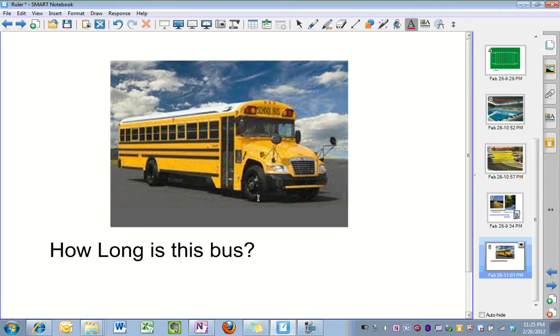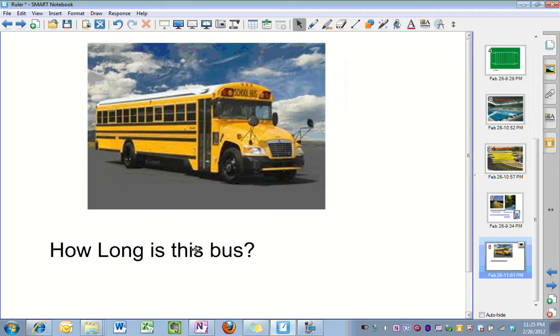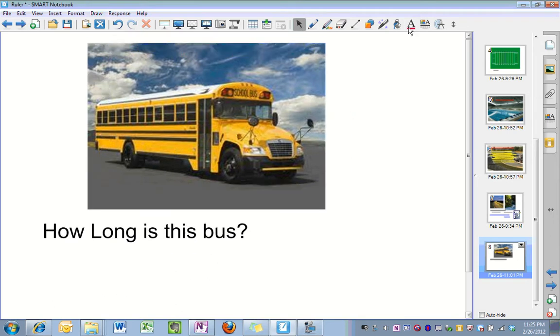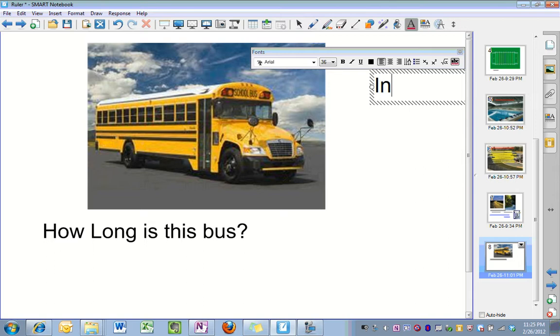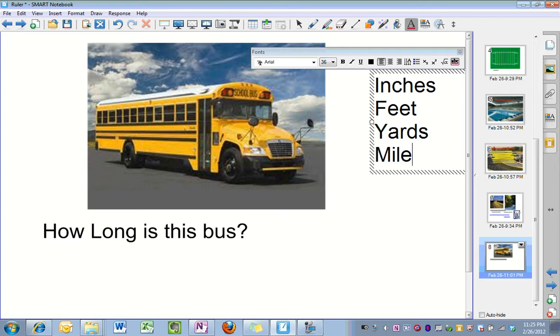And the first thing that you're going to have to decide when estimating is, what unit of measurement am I going to use? Am I going to use inches? Am I going to use feet? Am I going to use yards? Am I going to use miles?